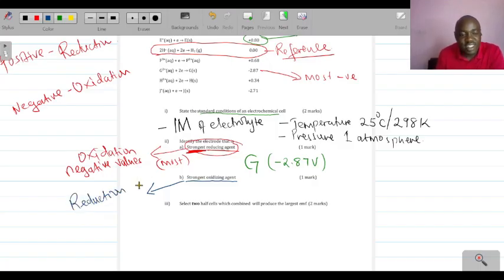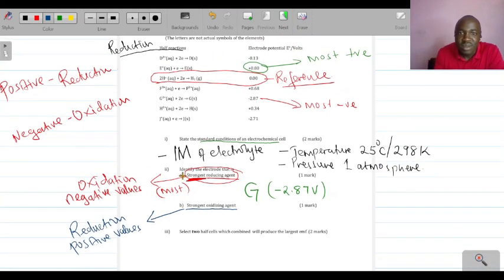From what we covered, for reduction, our focus is on the positive values. So we go to the table. There are three values that are positive, plus 0.80, plus 0.68, and plus 0.34.